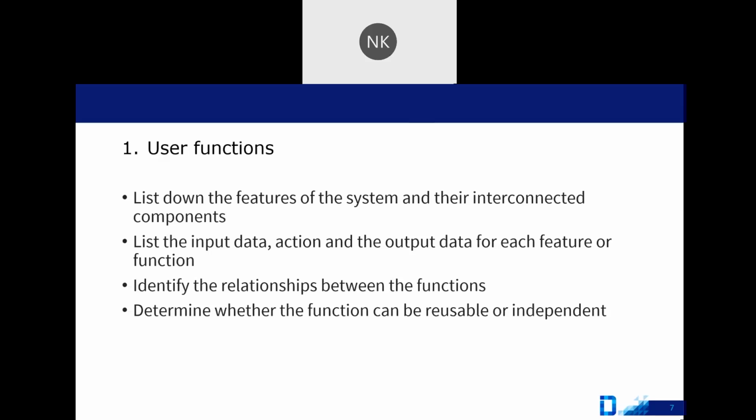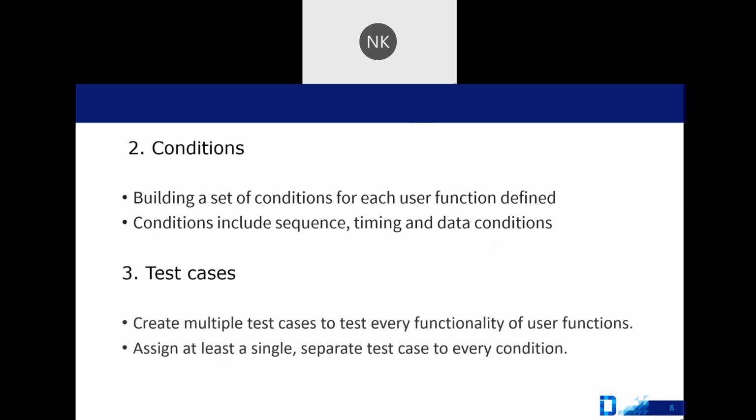And also we have to identify the relationship between those functions, and determine whether these functions are independent, or whether we can reuse them for the testing. So likewise, the first step is to build the user functions. And the second step is building the conditions.